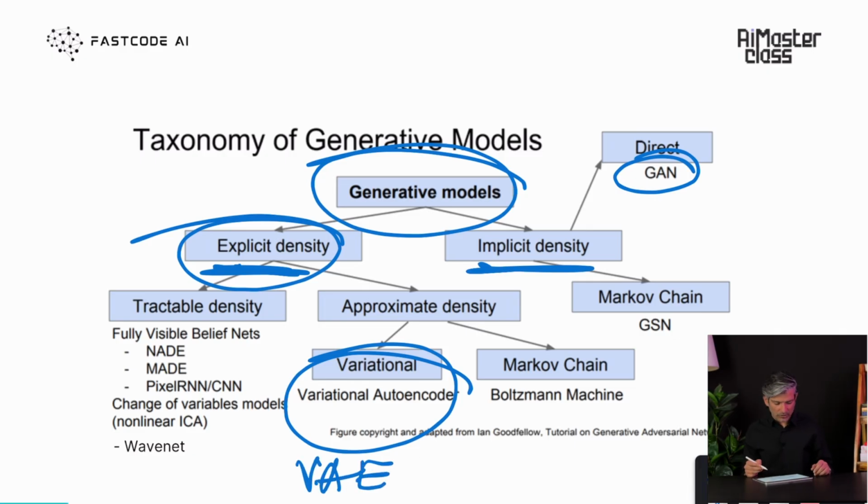Then other simple things like Gaussian mixture models, GMMs and so on, are all explicit because you explicitly define the distribution and solve for it. But in the case of algorithms such as GAN, we indirectly learn that from data.